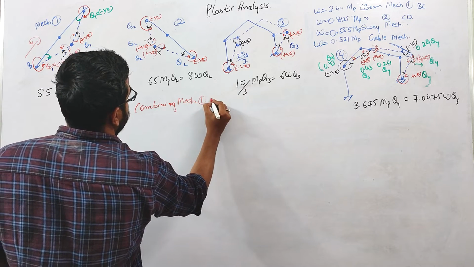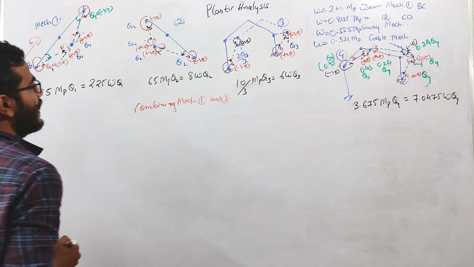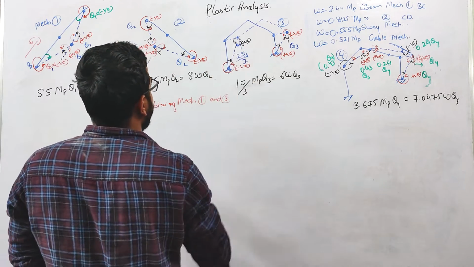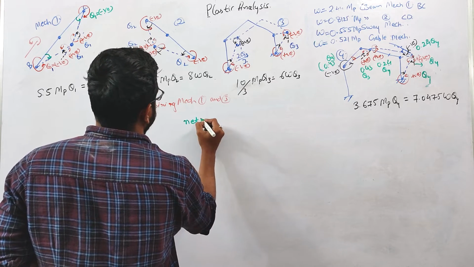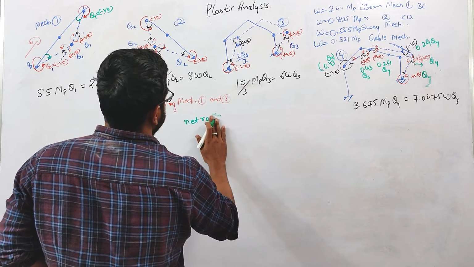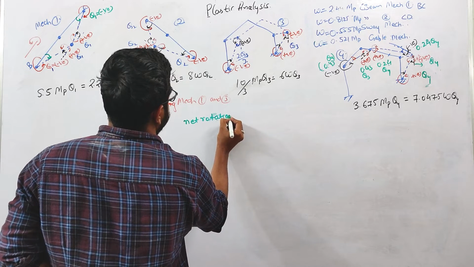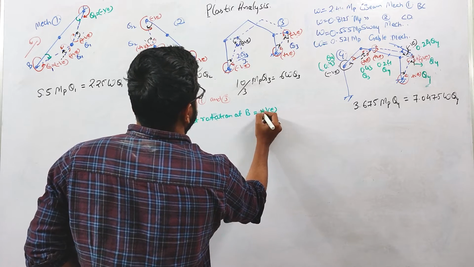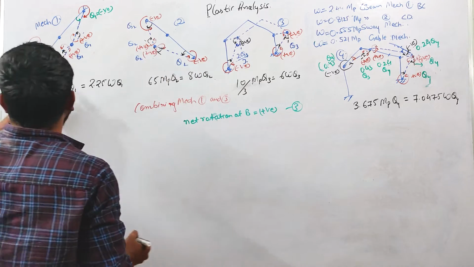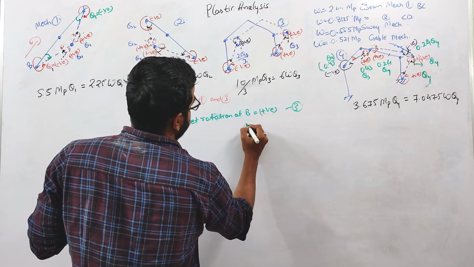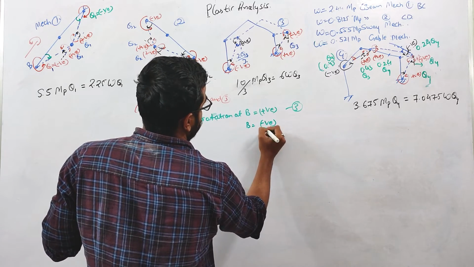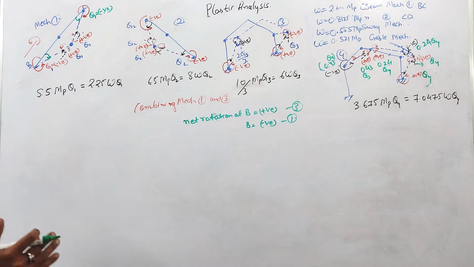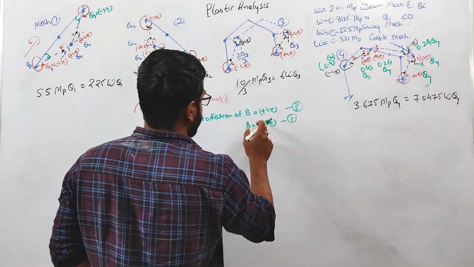Combining mechanism 1 and 3. If you combine mechanism 1 and 3, you can see that the net rotation at this B point is positive for the third mechanism. And the net rotation at B is negative for the first mechanism. Okay. So cancellation of hinges is possible at that point where we have rotations of opposite sign.